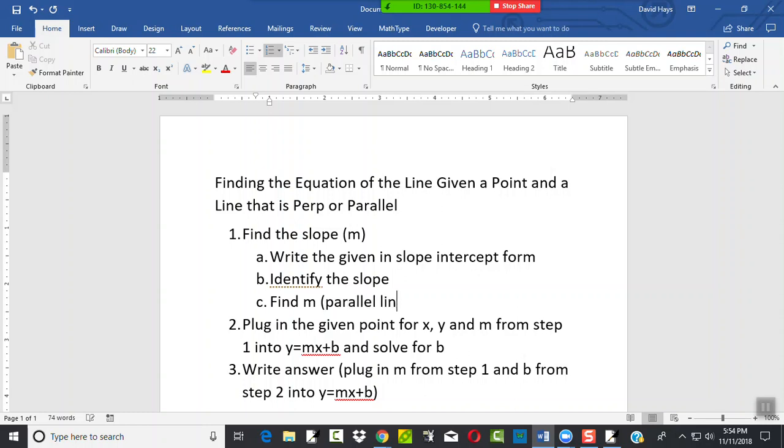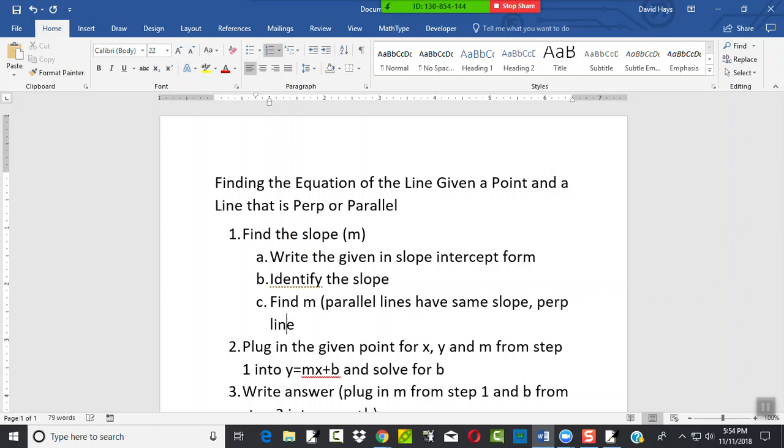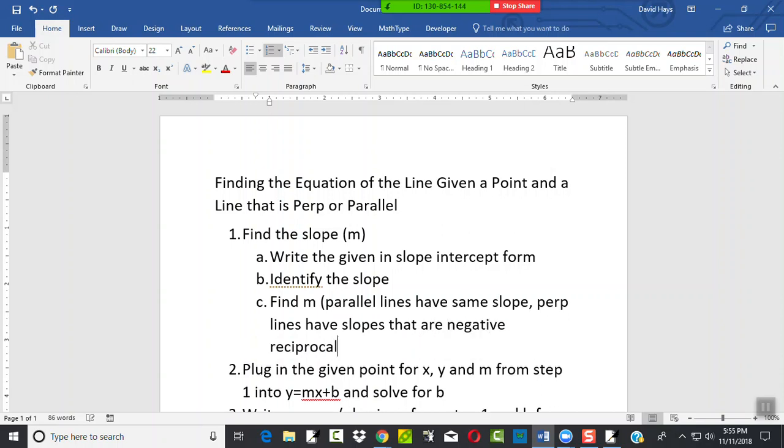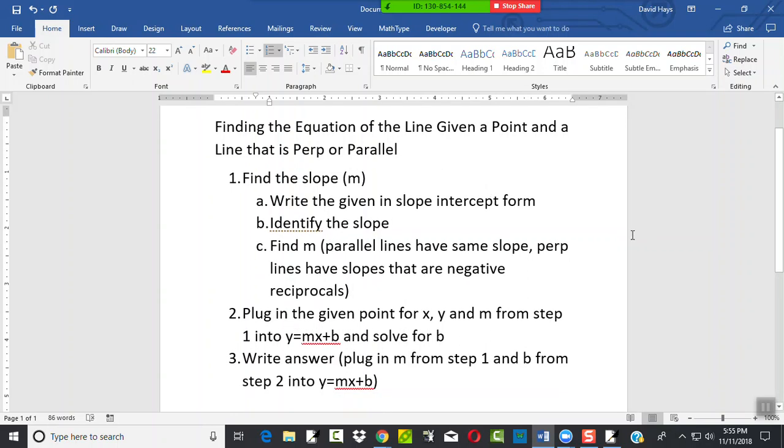Parallel lines have the same slope. Perpendicular lines have slopes that are negative reciprocals. Okay, so let's take a look at a couple examples of that.